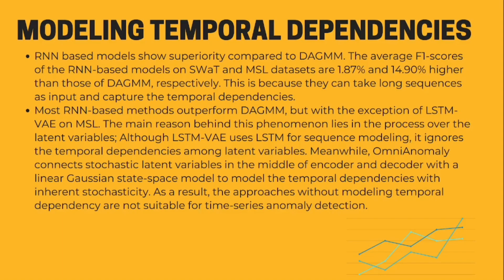Most of the RNN based methods outperform the AE based DAGMM model, but an exception occurs at the LSTM VAE on the MSL dataset. The main reason for this phenomenon is the latent variables, which allow the LSTM VAE to better model the temporal dependency.